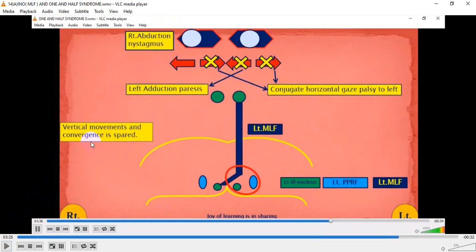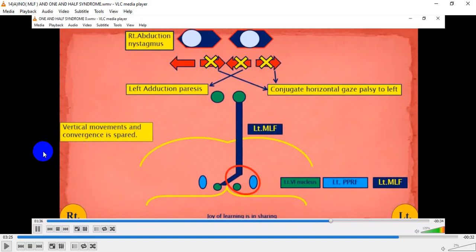The convergence center is present at the midbrain level, that is the prefrontal nucleus in that area, or we call it the junction of the thalamus and mesencephalon. It is also called the thalamo-mesencephalic junction. So vertical movement is at that level, and convergence is because of the prefrontal nucleus.